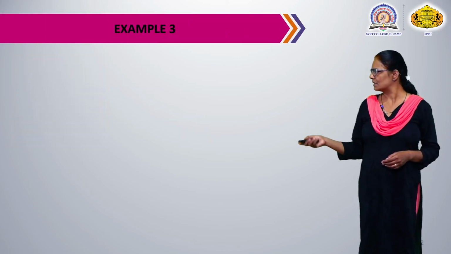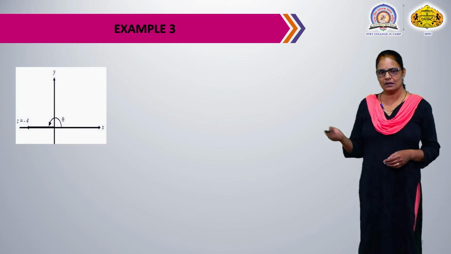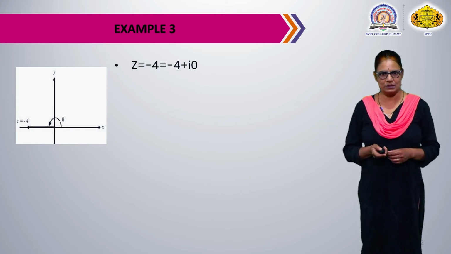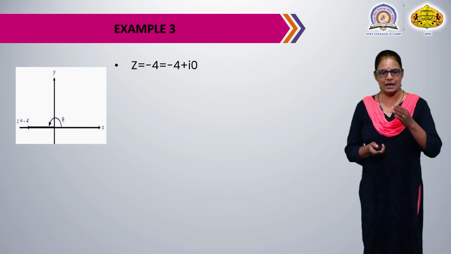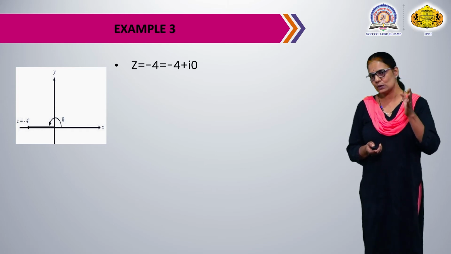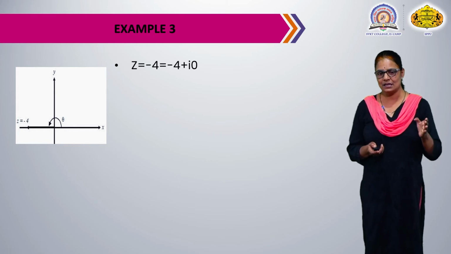So consider the third example. In the third example, we consider z as minus 4. So z equals minus 4 lies on the negative x-axis.